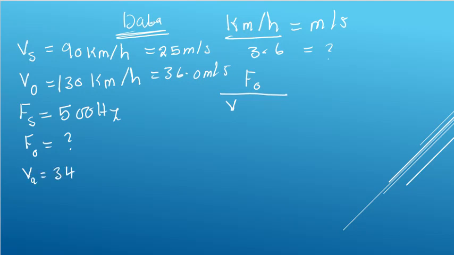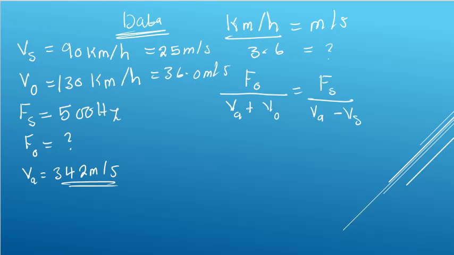340, should be 342. So this is the velocity of sound in air, and of course this is going to be plus velocity of the observer, that will equal to the velocity of the source over VA minus VS. So we insert what we have.